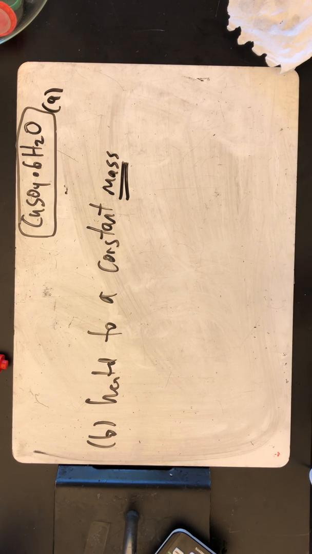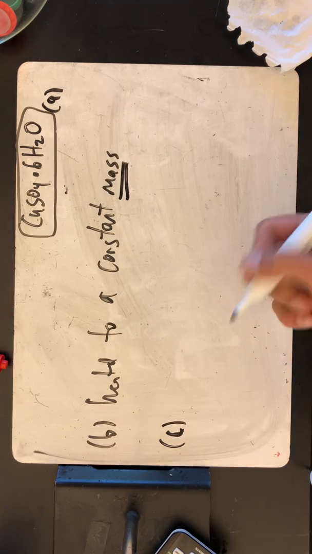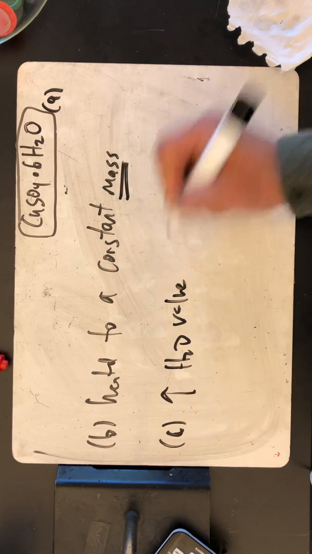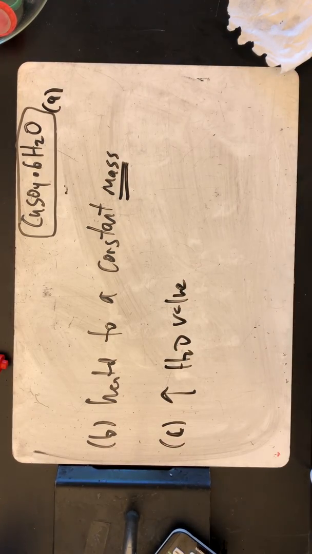In C, when performing the experiment a second time, some of the sample splattered out during heating. How would this error impact the calculated formula of the hydrate? It would increase the H2O value. You're getting H2O by subtracting the initial and the final value before and after heating.